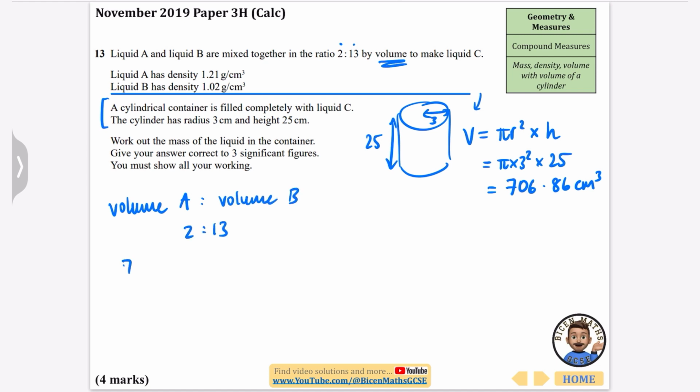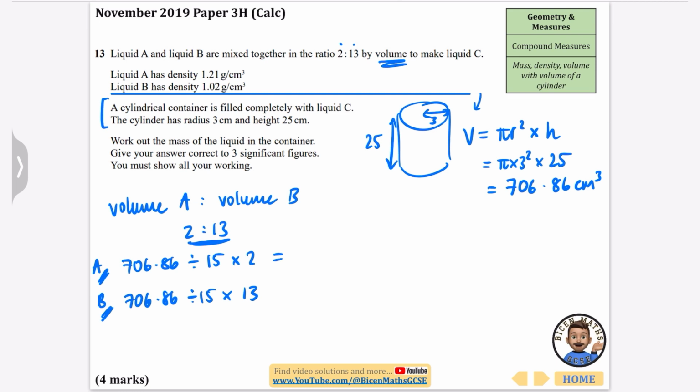So I'm going to take my 706.86 and divide it by how many parts there are, and these add to 15, and then multiply it by 2 for A. And for B, I'm going to do 706.86, divide it by 15, and multiply it by 13. Why did I write A and then A? I should have written A and then B.